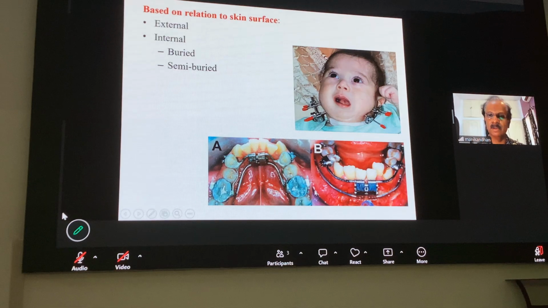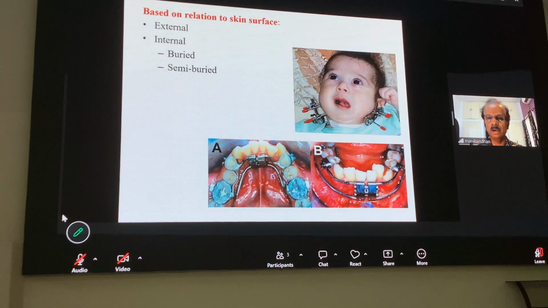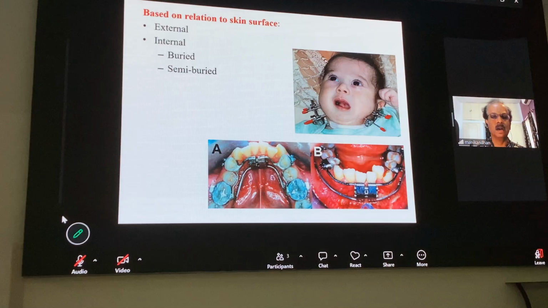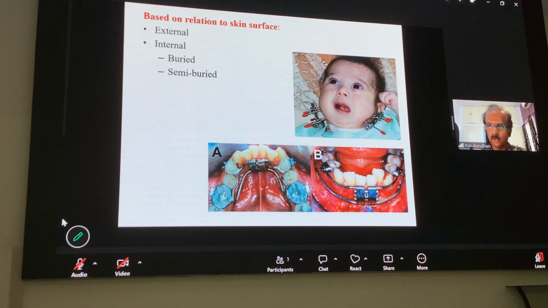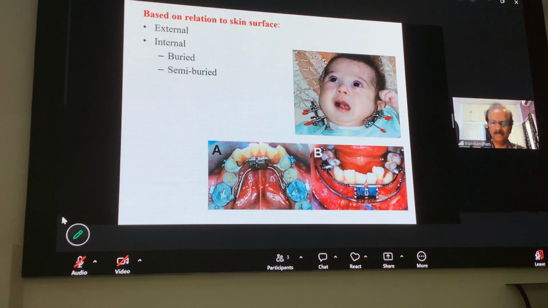The two bottom pictures are distractors which are purely based on the teeth. That is an internal distractor, but a tooth-borne distractor, fixed on the tooth. So there's a bone distractor, a tooth-bone distractor, there's a hybrid as well. So you have so many varieties of distractor.